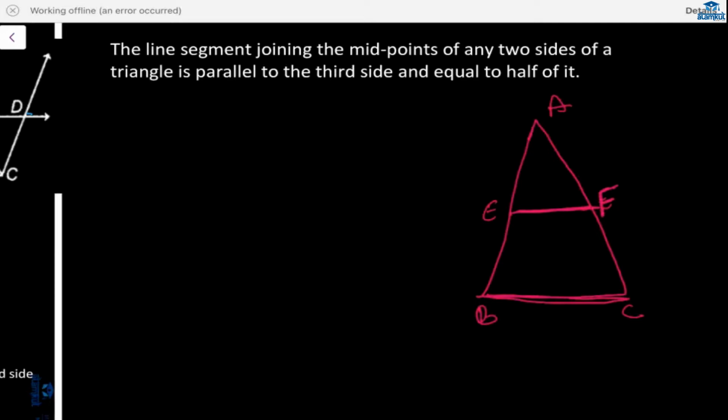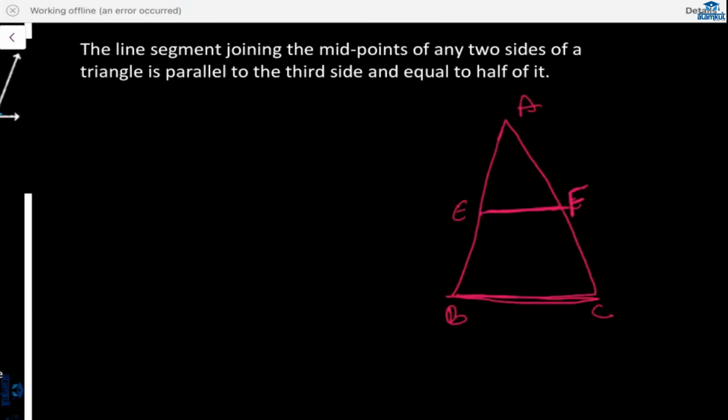We will prove this midpoint theorem here, and you will be using this theorem in all the questions. Wherever a line joins the midpoints, you can directly write that EF is parallel to BC and EF is half of BC. Now let's see how we are going to prove it. First of all, we have to do some extra construction.